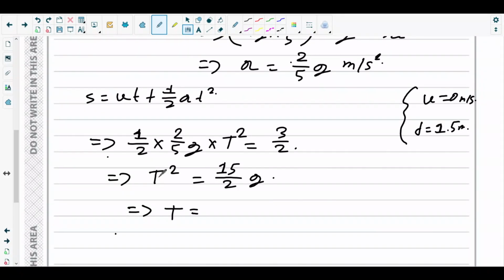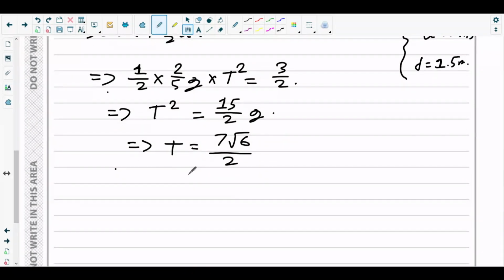That would give you 7 square root of 6 over 2. Written to three significant figures, it will be 8.57.